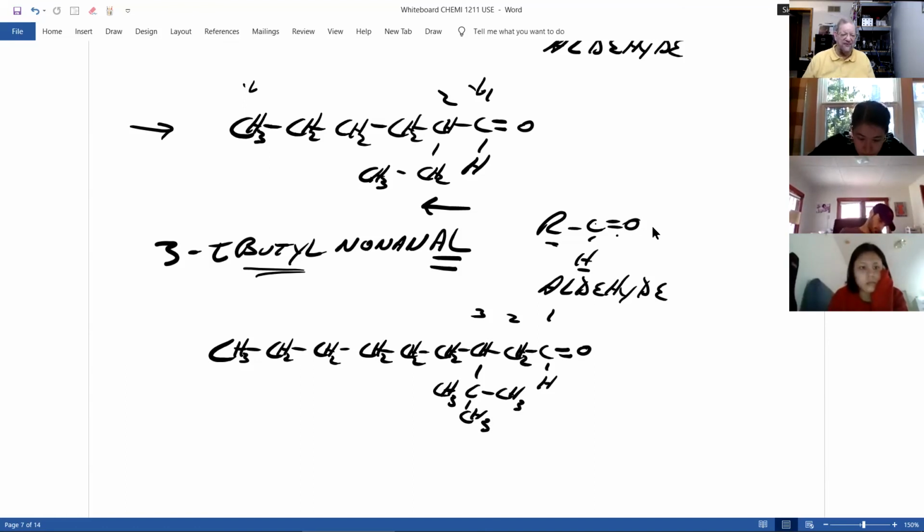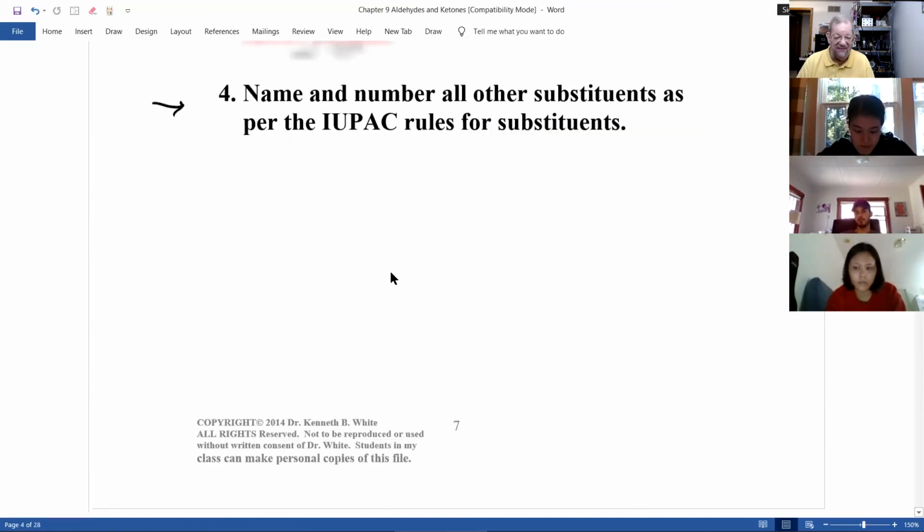And that would be 3-t-butyl nonanal. That's a mouthful. And that's how you name aldehydes. So anybody have any questions about how to name aldehydes? Well, in that case, let's move on.